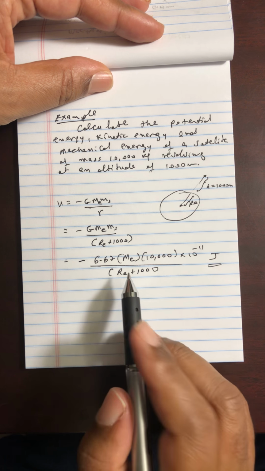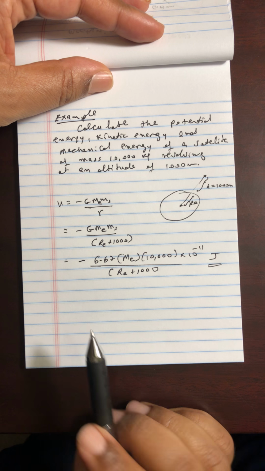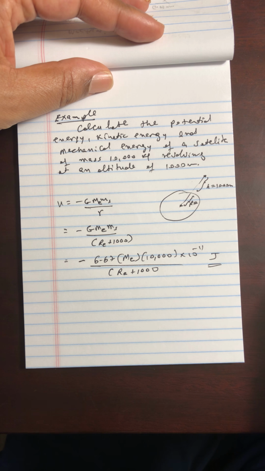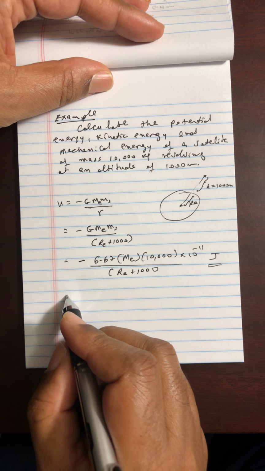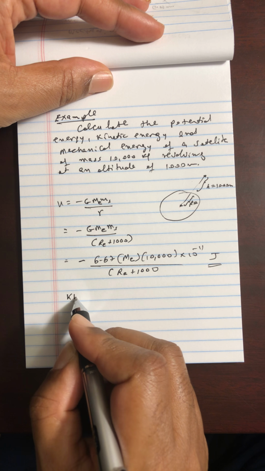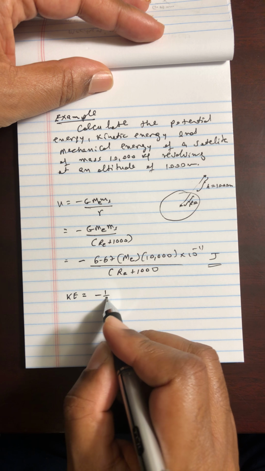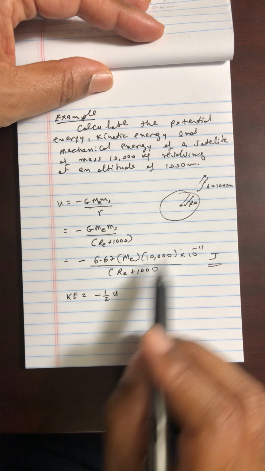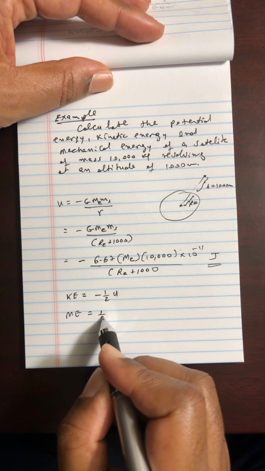So this is the energy. We just have to plug in the mass of Earth and the radius of Earth, which is available from tables in textbooks. And then kinetic energy is the negative half of U, and mechanical energy is simply half of U.